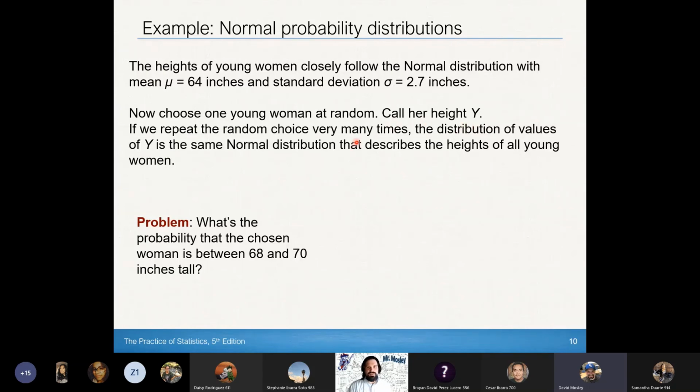If we repeat the random choice very many times, the distribution of values of y is the same normal distribution that describes the heights of all young women. That's the normal distribution we already defined. The problem we want to solve is: what's the probability that the chosen woman is between 68 and 70 inches tall? Now we have an interval of values between 68 and 70.